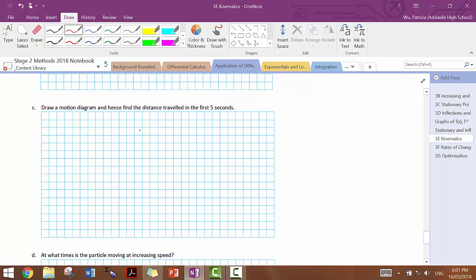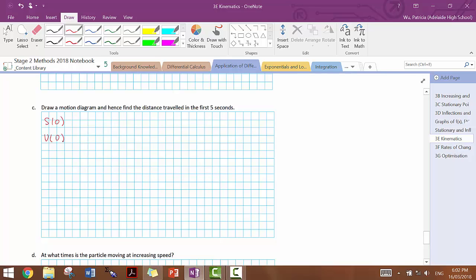Now it's asking us to find the motion diagram. We need some information before we can make a start. So first we need to know what the original, so at t equals 0, what is the displacement there. We also need to know at that time what is the direction of movement.